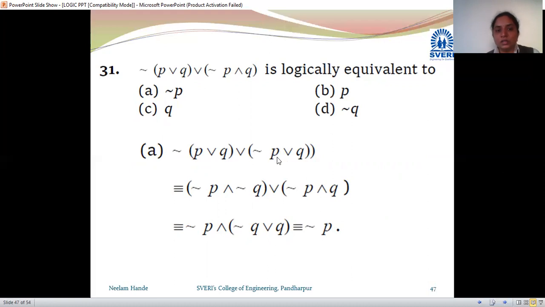So negation of P or negation of P or Q. So it becomes negation P, then negation of P and negation Q, or negation of this. We have AND rule also, so we get this as the answer. So a correct option is option A.